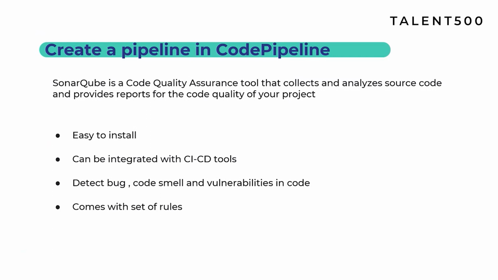I remember that we used to see code smells for things like the number of parameters you are passing in a method. There is a limit, like you cannot pass more than 7 parameters in a method. If it is more than 7, it is raised as a bug in SonarQube. Yes, and it's an open source tool.